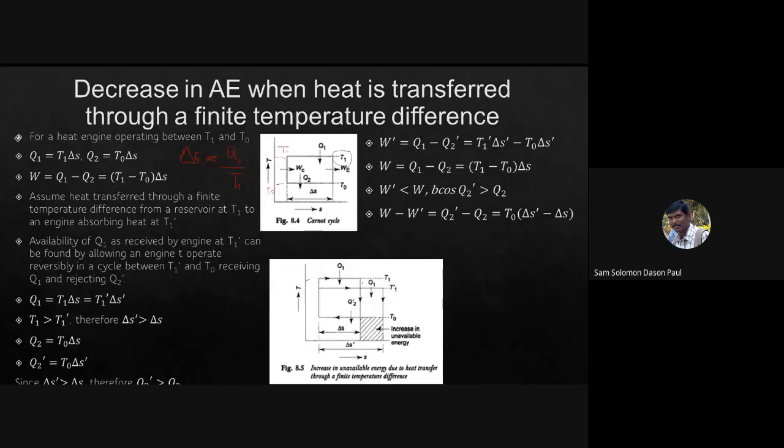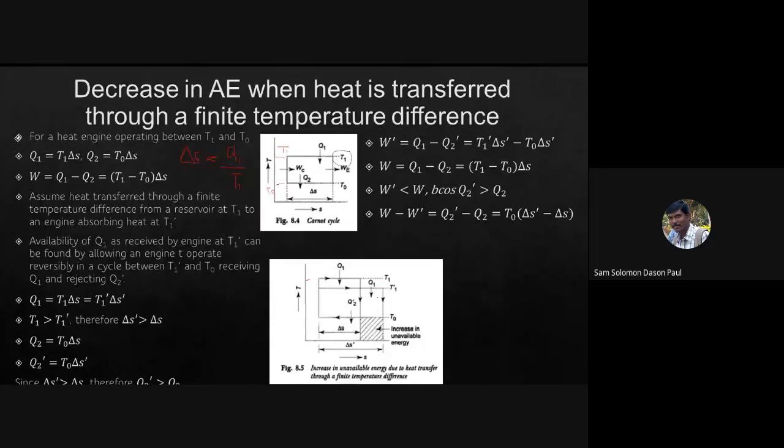So let me find out the change in entropy or the available energy, running a heat engine between T1 dash and T0. To understand, there are two steps involved. The first step is a finite heat transfer because of a finite temperature difference between T1 and T1 dash.